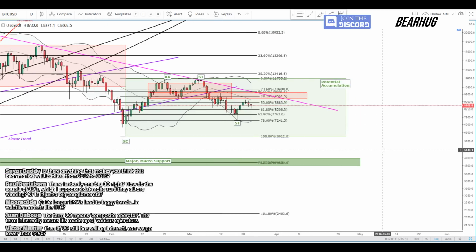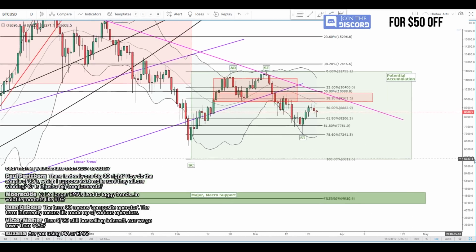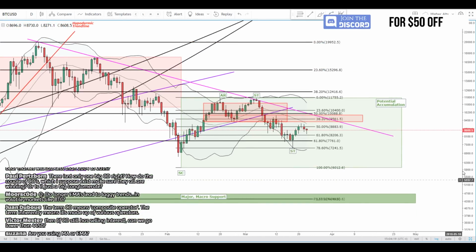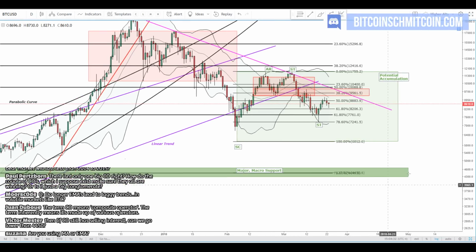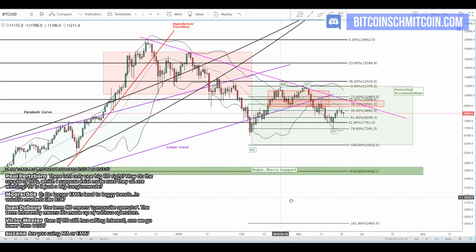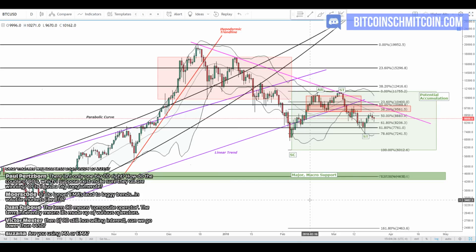It just doesn't look good on the daily, on the 3-day, on the weekly especially. So I'm more leaning toward a grinding, horrible, slow bleed to a bottom, and the only thing you can do is update your charts one day at a time, look at the information that you're given, and draw different conclusions from there.